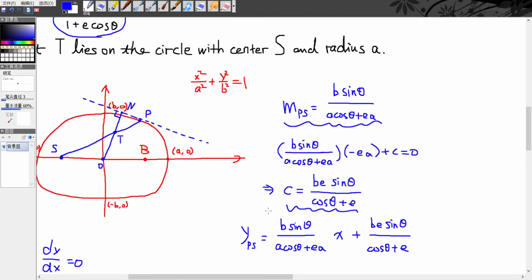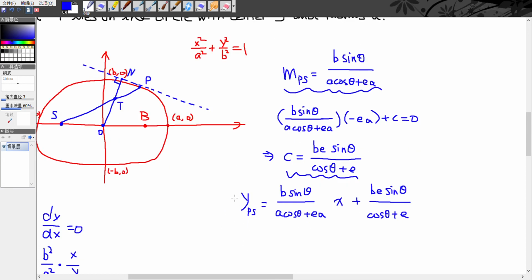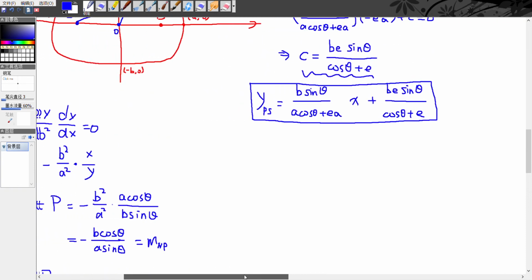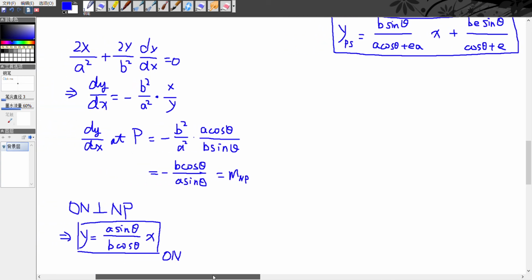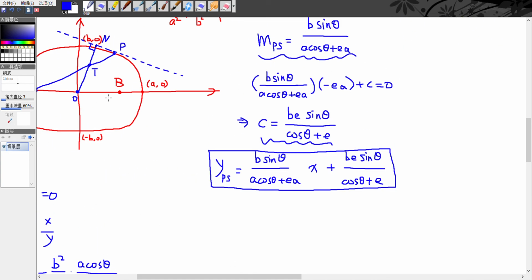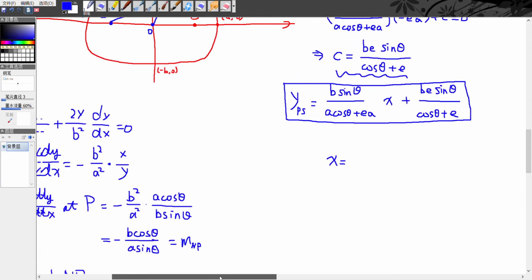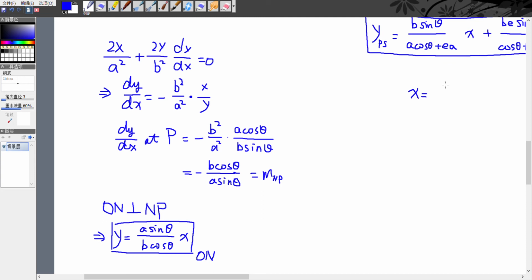So next thing we want to do is just to combine this line with this line and evaluate the y coordinate of T, because T is the intersection of these two lines. So we want to substitute the value of x, which equals b cosine theta over a sine theta times y.